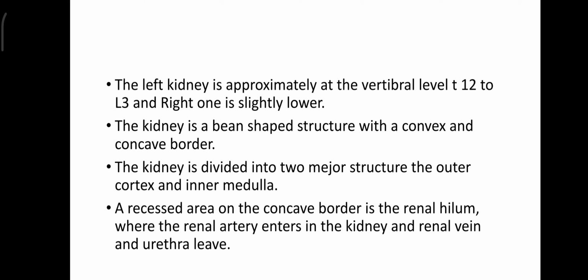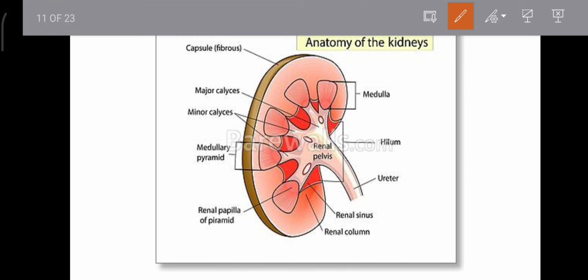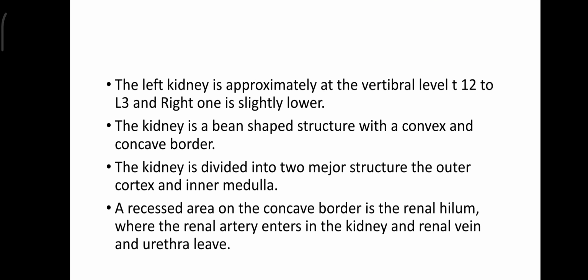The left kidney is approximately at vertebral level T12, that means thoracic 12, to L3, lumbar 3, and the right one is slightly lower. The kidney is a bean-shaped structure with a convex and a concave border. In this picture, you can see the convex border and the concave border.